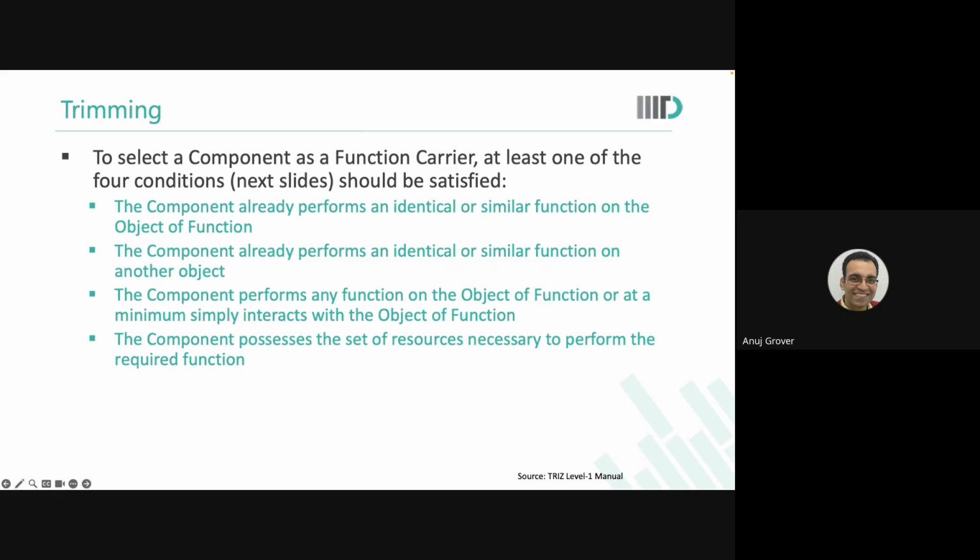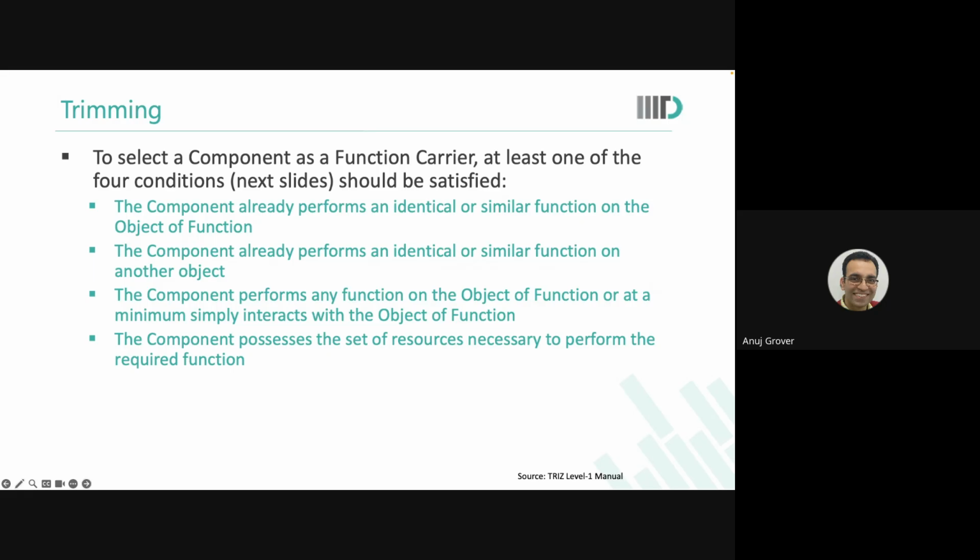Then, the component performs any function on the object of the function, or at a minimum, simply interacts with the object of the function. So the tabletop: the component is not holding the tabletop. It is, for example, beautifying it.